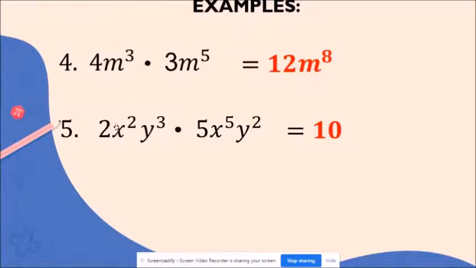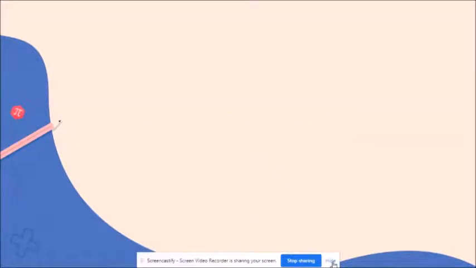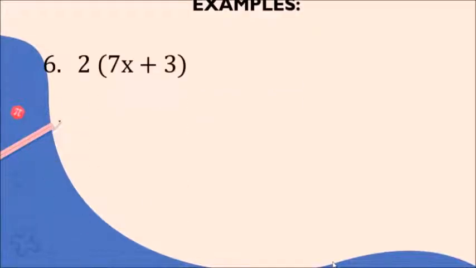That would give us x to the power of 7. And if we multiply y cubed and y squared, that is y to the power of 5. So basically, the final answer would just be 10x to the power of 7, y to the power of 5. Okay? Very simple.